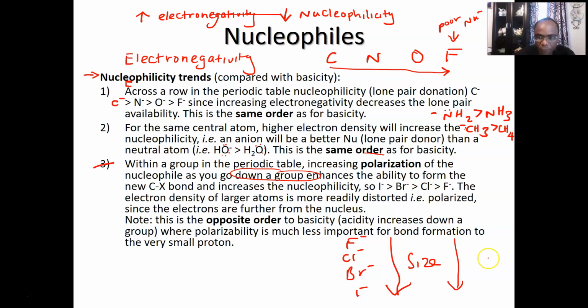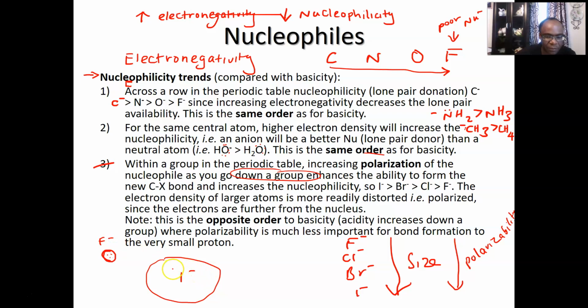Okay? Increasing size increases polarizability. What do I mean by polarizability? If you have the fluorine, which is small, it's just going to be circular, and the electrons will stay in the circle, maintaining the shape. But for iodide, which is big, the I minus, this was F minus.